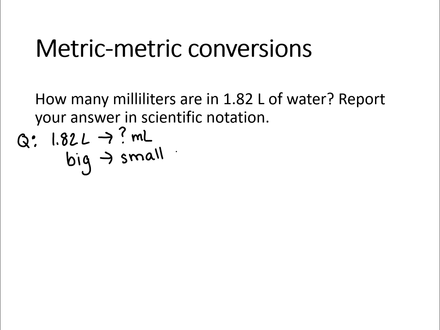So should we expect a big number or a small number? It should be big, right? So when we're writing our unit equation, we're going to have a number that's bigger than 1. So our exponent should be positive when we're writing it in scientific notation.